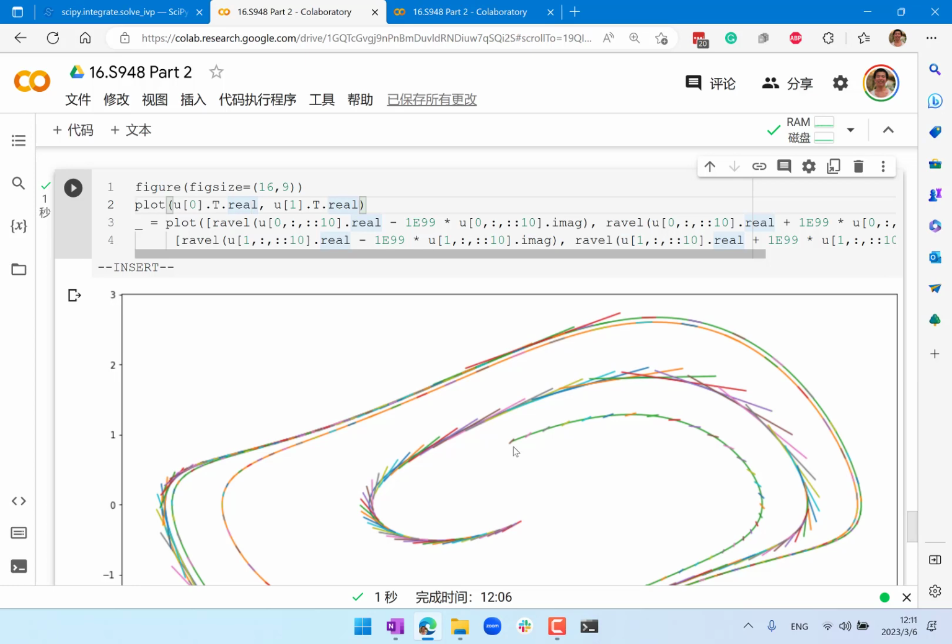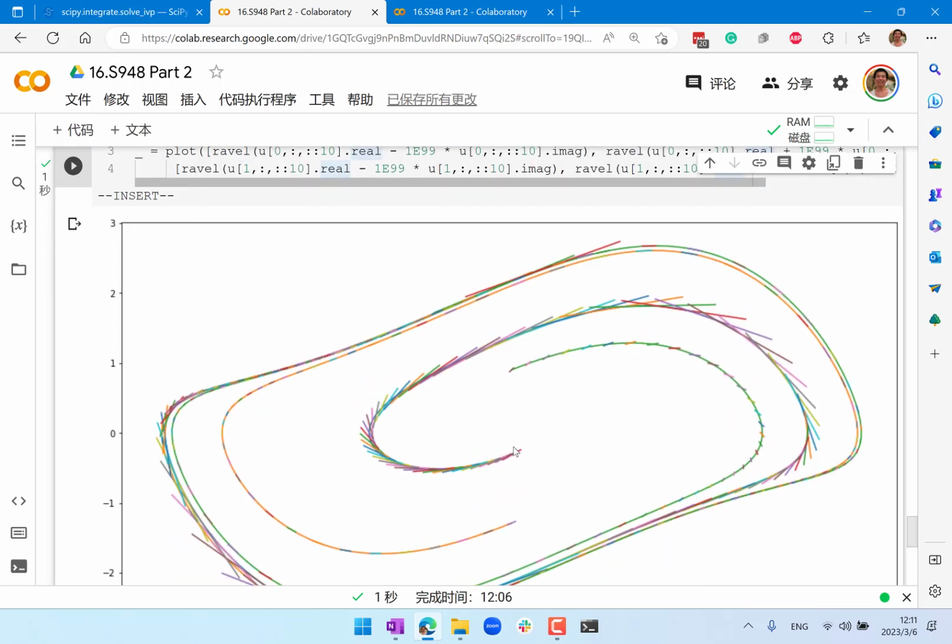At the end of the day, all the other components are going to be negligible, and only the eigenvector associated with the largest eigenvalue is going to be visible in the iterations. All right, so this is why, as we evolve, the perturbation aligns with the trajectory. Okay. Any other questions?